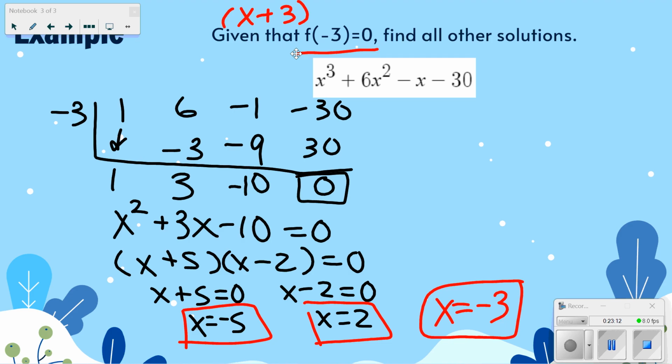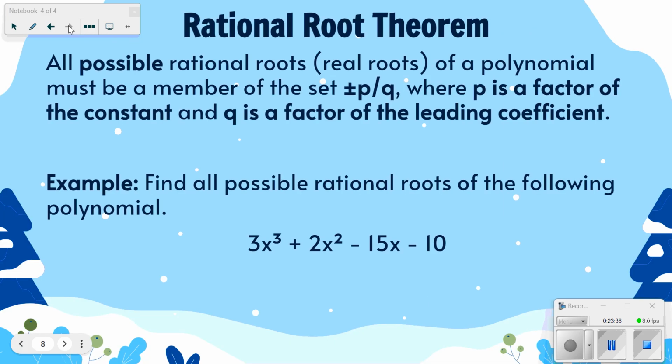This is a scenario of how we could have done this problem if we didn't have that starter 0. That starter 0 tells us how we can start the problem, that 0 to divide out. So how could we have solved this if we have no way to factor? And that is going to be using the oh so important rational root theorem.